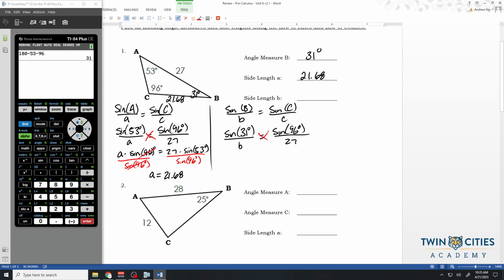Again, we'll cross multiply and solve. So b times the sine of 96 degrees is equal to 27 times the sine of 31 degrees. And we'll divide both sides by the sine of 96.